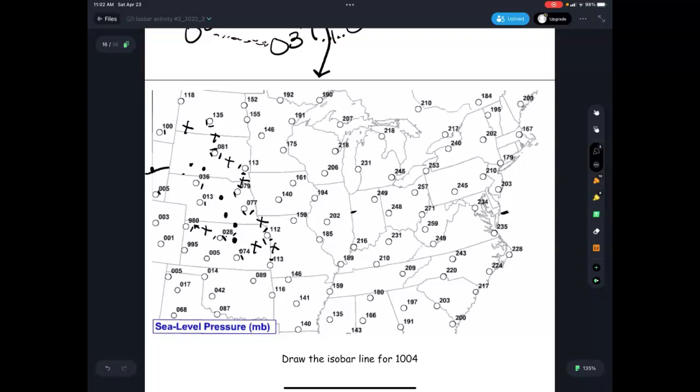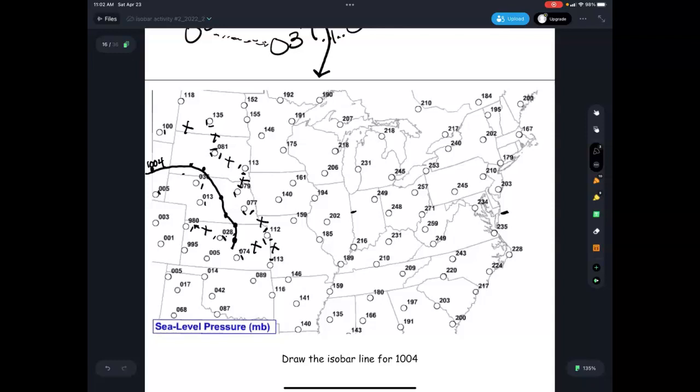So I'm going to start my isoline for 1004. If we erased everything on this map, the dots, my pencil marks, the numbers, and just left the isoline I just drew, my reader would understand that everywhere on this line is the air pressure of 1004.